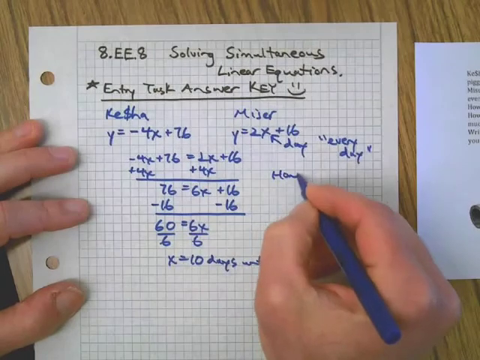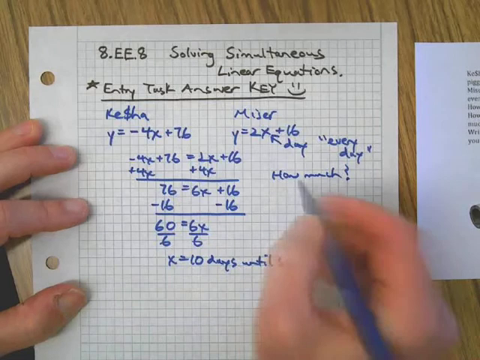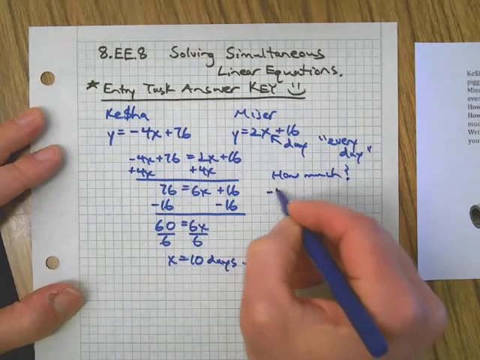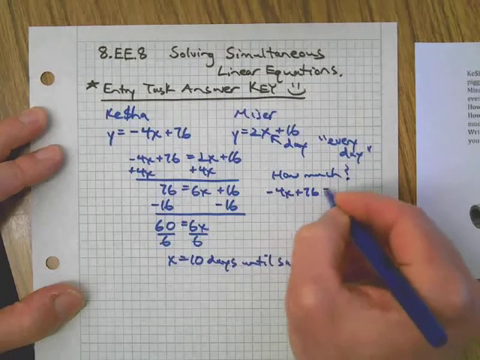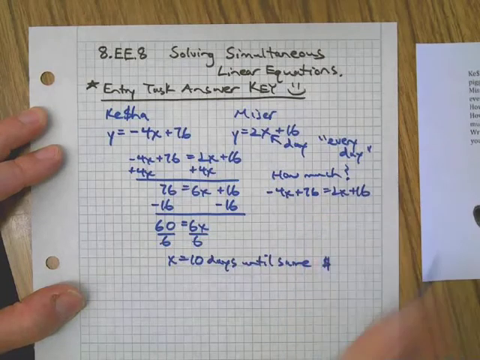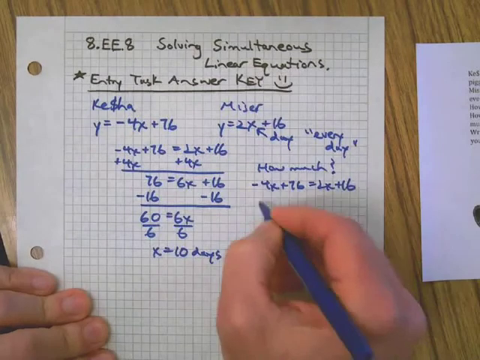How much money will that be? Here's how we solve it. We take our answer. We used to know this as doing a proof, and we still know it is doing a proof. But for this problem, we call it finding out how much money they have after 10 days.